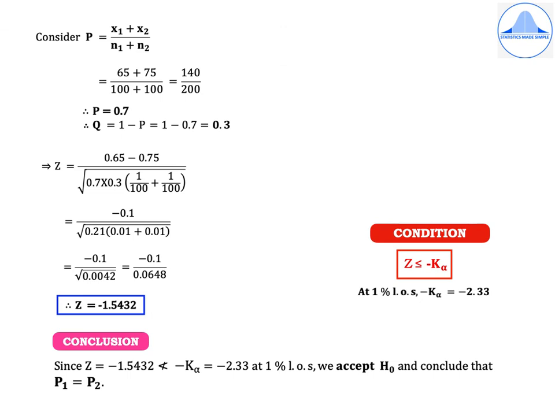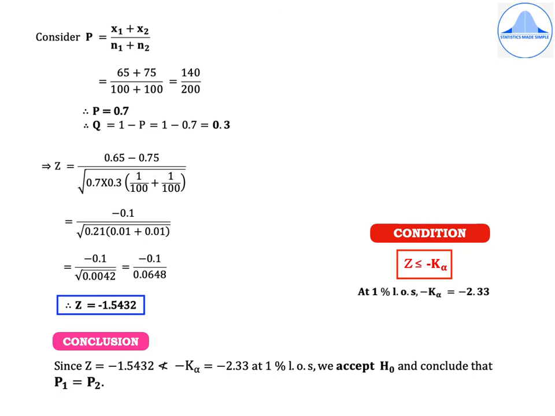Writing the formula for capital P as x1 plus x2 by n1 plus n2 and substituting the values, we get 65 plus 75 divided by 100 plus 100 is equal to 140 by 200, or capital P is 0.7. We know that Q is 1 minus P, which is 1 minus 0.7, which is equal to 0.3.